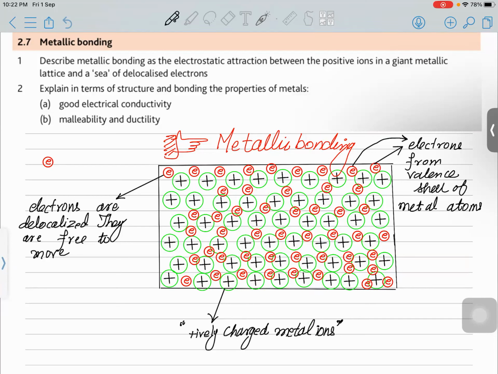Are you getting my point or not? Yes, sir. This is called the lattice structure. This is called the metallic lattice structure.